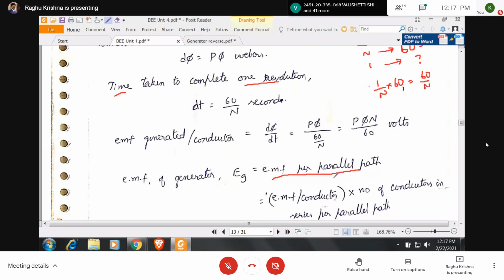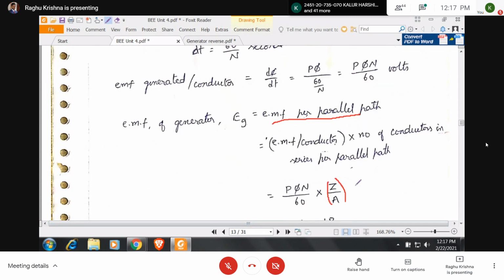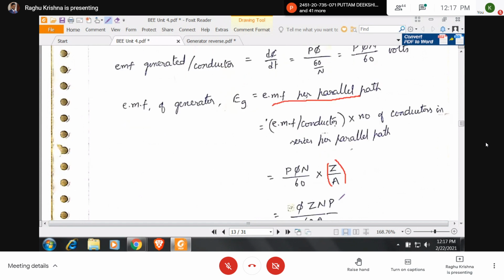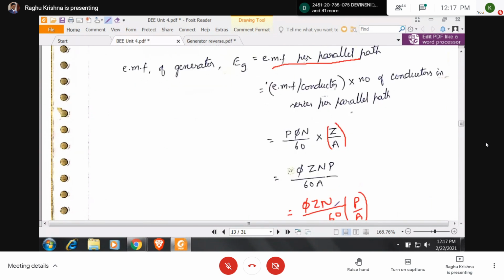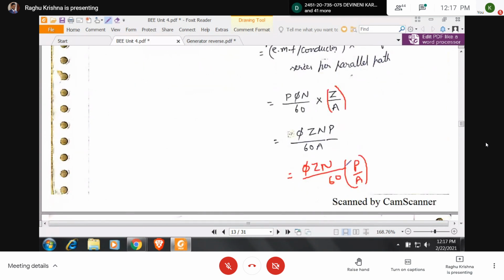EMF per parallel path is equal to EMF per conductor into the number of conductors in series per parallel path, which is Z by A. So P phi n by 60 into Z by A, that is phi Z n P by 60A. For a lap winding, A equal to P. For a wave winding, A equal to 2.